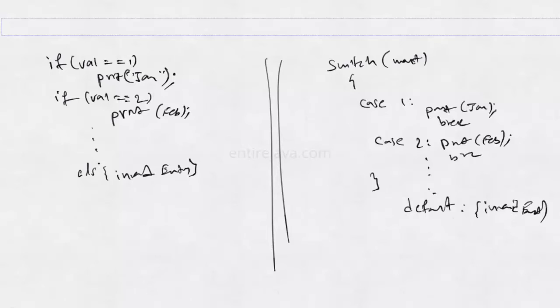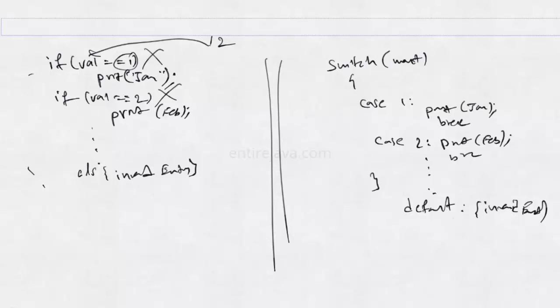Now during the runtime, that means when we run the program, let's say user entered the value 12. In case of if-else, it has to go from the line 1. It has to check to see if the user entered value is equals to 1. No. Is it equals to 2? No. It keeps going until the condition is met.